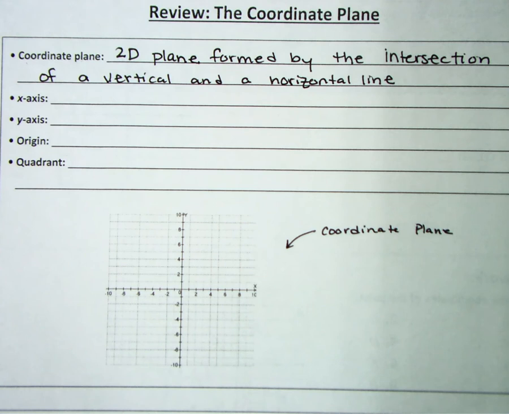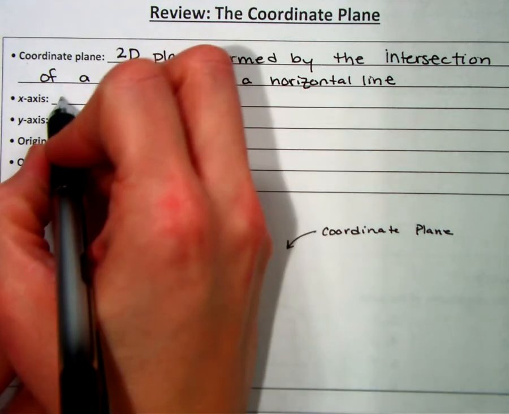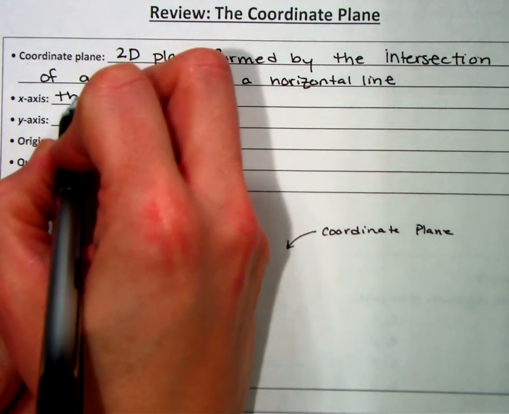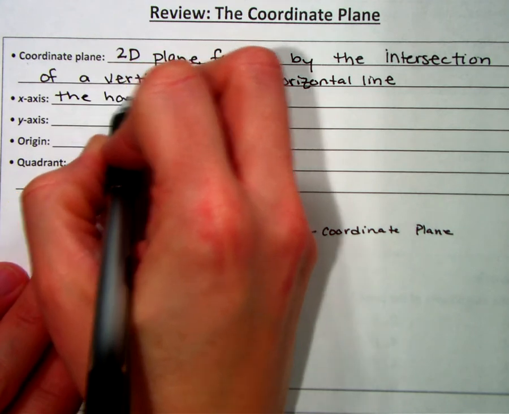Okay, so on that coordinate plane, which one is the x-axis and which one is the y-axis? Very nice. The x-axis is going to go this way. And again, this is a quick reference, so come back to it if you don't remember. So the x-axis is going to be the horizontal.